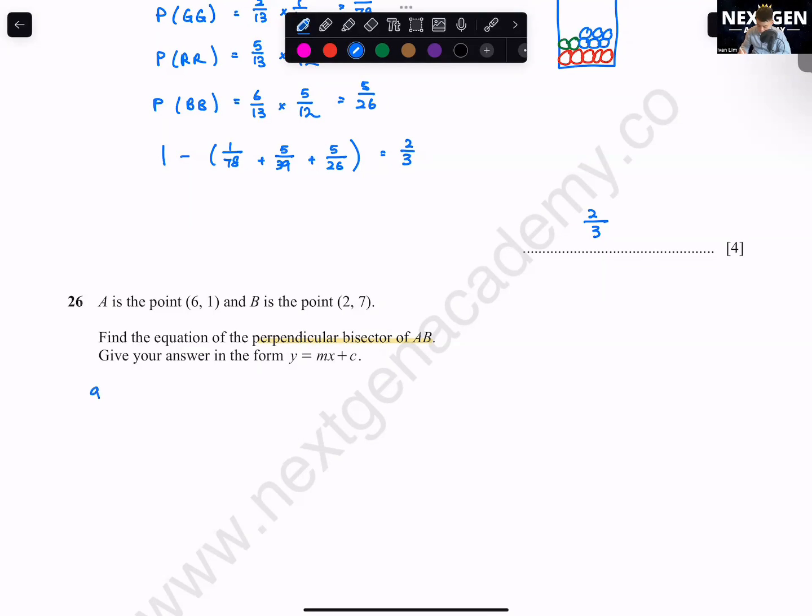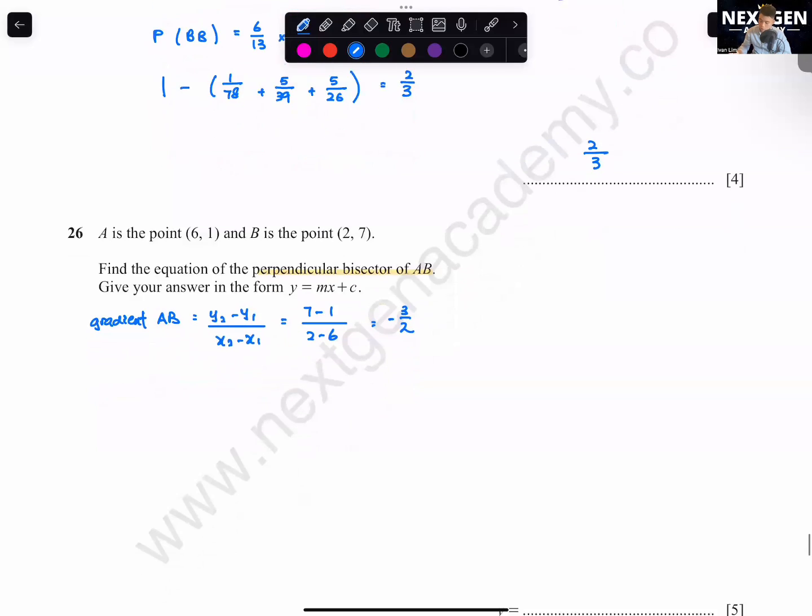Let's find the gradient first. Gradient of AB is y2 minus y1 over x2 minus x1, which is 7 minus 1 over 2 minus 6. Your answer here is negative 3 over 2.